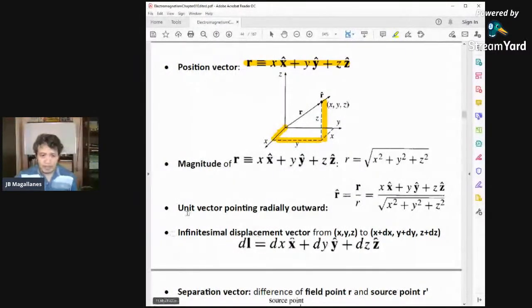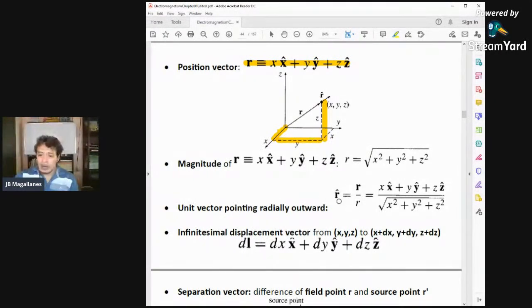Now, the unit vector is pointing radially outward. By convenience, we write the r vector, or the position vector, to be pointing radially outward. We set that convenience, and it's positive always if it points outward.